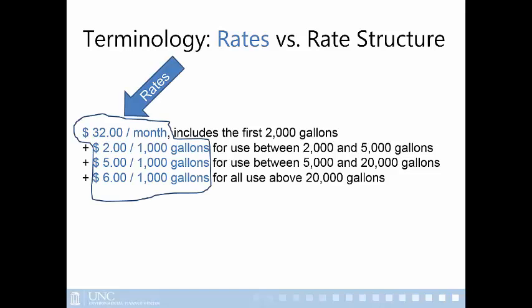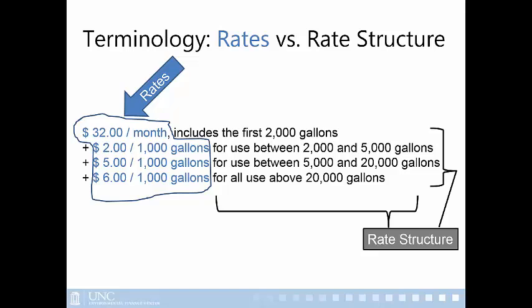The distinction between rates and rate structures: the rates are everything you see in blue. It's the dollars and cents, $32, $2 per 1,000 gallons, $5 per 1,000. Those are the rates. We're not going to be talking very much about setting rates, or how you determine what those numbers are. I'll mention at the very end a tool and some resources that are available to help you figure out these numbers, but the focus of today's webinar is going to be on the rate structure design itself.